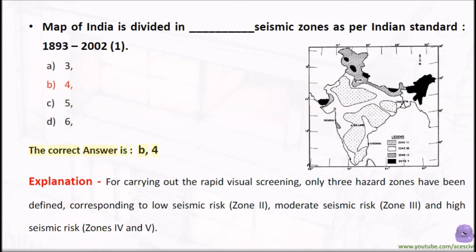The correct answer is B. 4. Explanation: for carrying out the rapid visual screening, only 3 hazard zones have been defined: low seismic risk, Zone 2; moderate seismic risk, Zone 3; and high seismic risk, Zones 4 and 5.